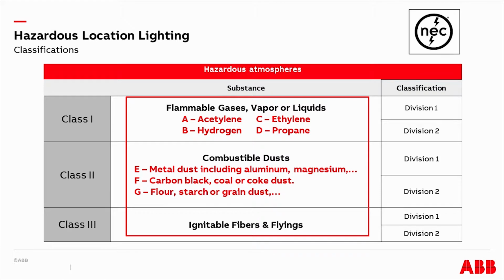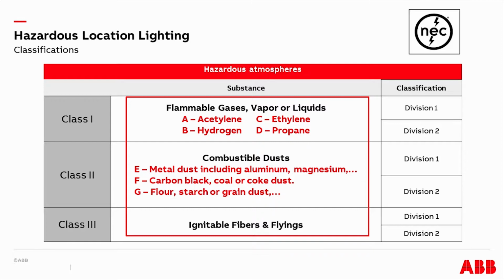The NEC code also requires that lighting fixtures for each classification and division be further categorized into groups based on the types, characteristics, and concentrations of materials that may be present. Class 1 locations are subdivided into four groups based on the ignition temperature of a substance, explosion pressure, and other flammable properties.